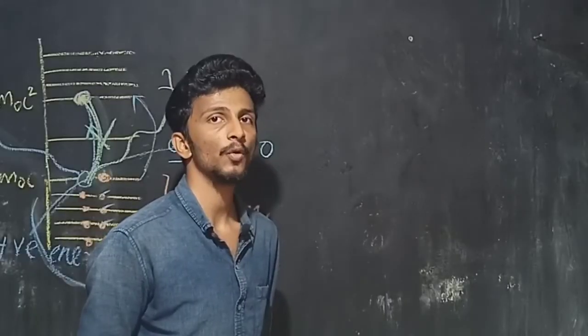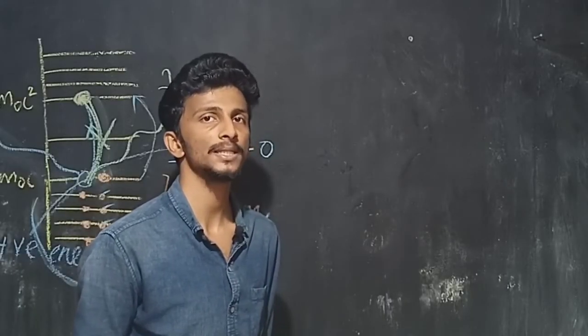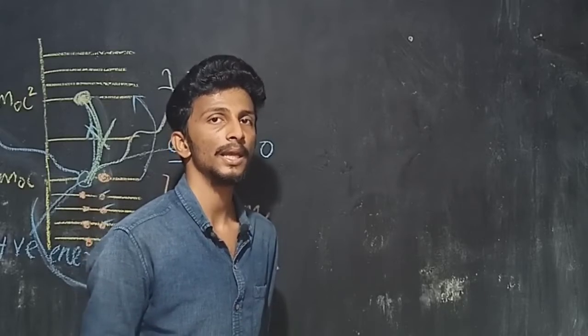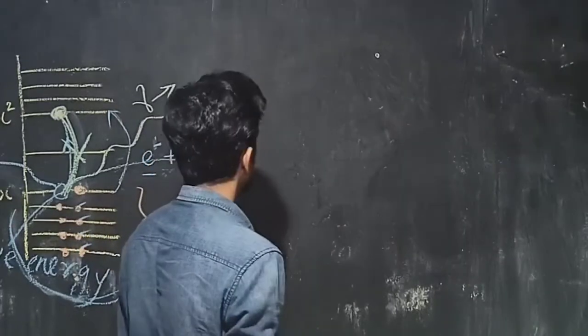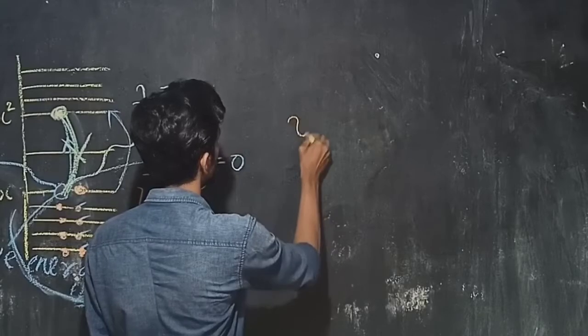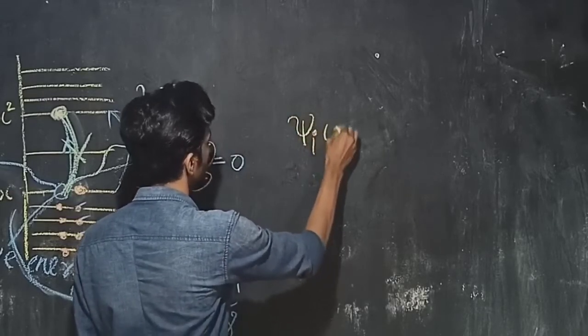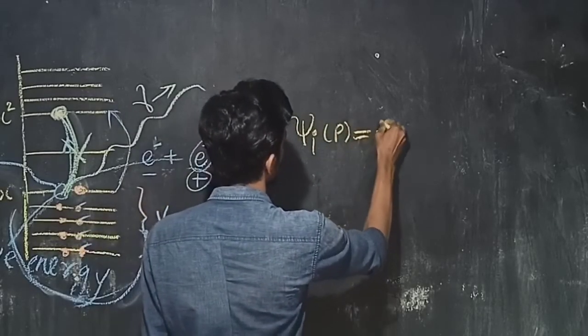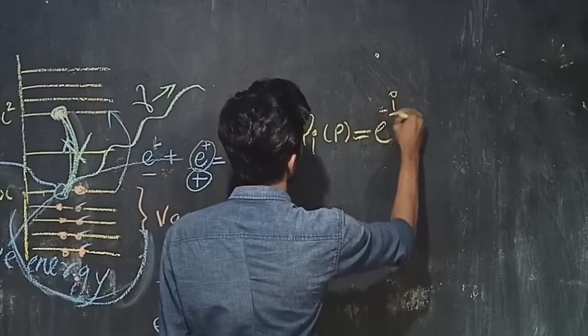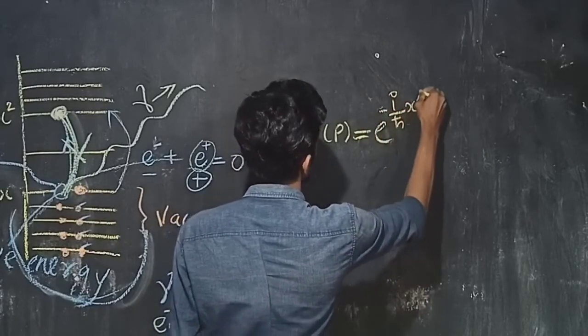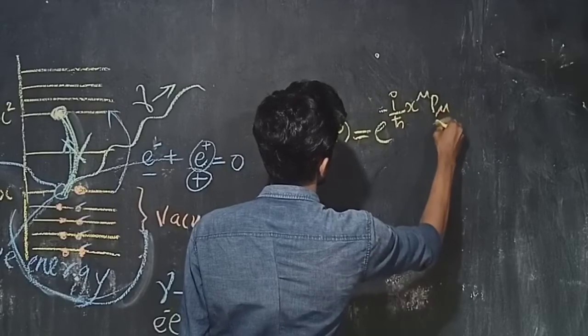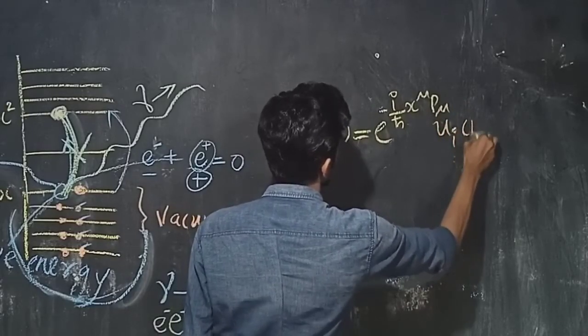The second interpretation for negative energy states is the Feynman-Stückelberg interpretation. Let me explain it a bit. We already know that the free particle solution of the Dirac equation is psi_i(p) = e^(-i/ħ x_μ p^μ) u_i(p).